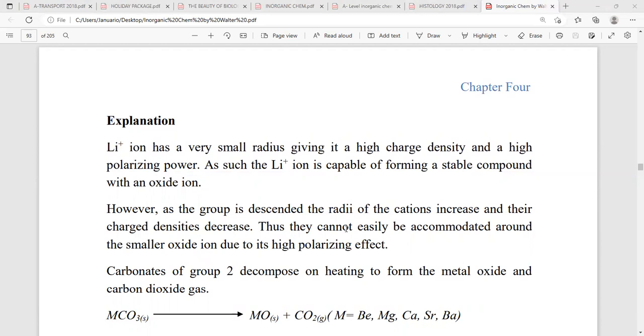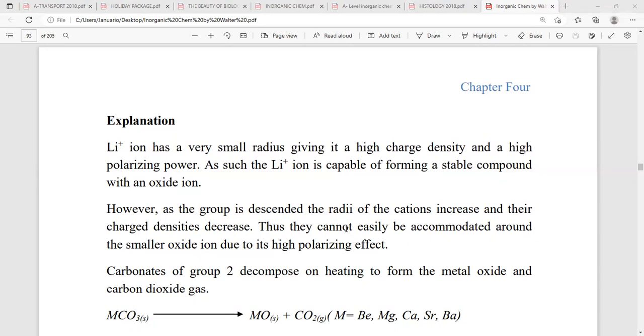So because lithium is able to form a stable compound with an oxide ion, that is one of the reasons why it is able to release carbon dioxide, which is an oxide of carbon, and also form lithium oxide, which is an oxide of lithium.